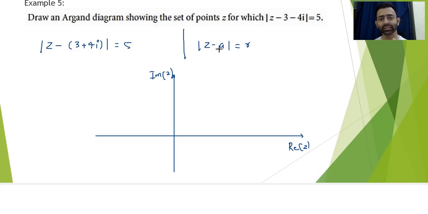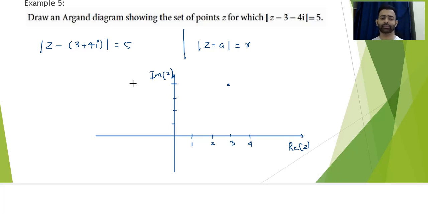Because the general form is z minus a, the distance between all the points moving in this two-dimensional plane and a fixed point a. So you have to take the minus sign outside. So I get the point 3 comma 4. 3 is the real part. Let us take this as 1, 2, 3, 4. Similarly on the y-axis 1, 2, 3, 4. So 3 comma 4 is this point.